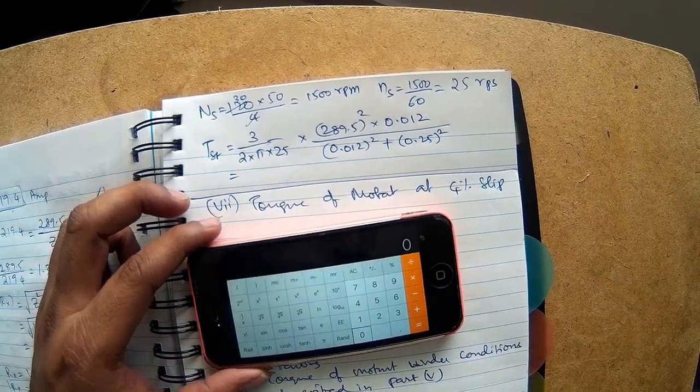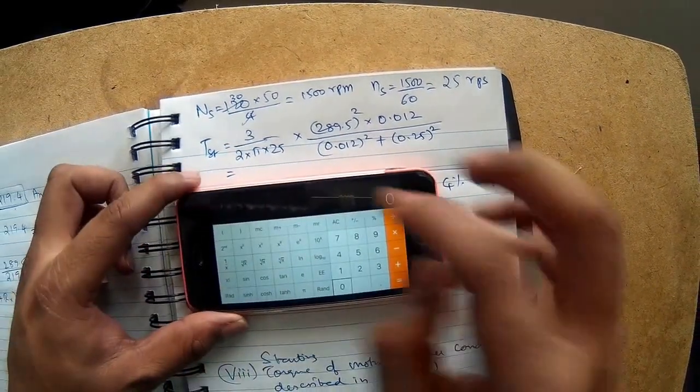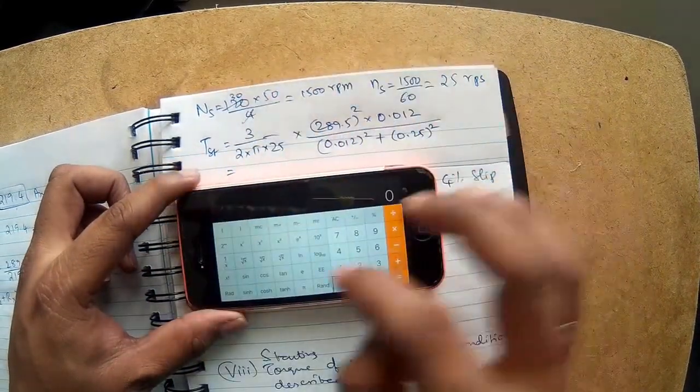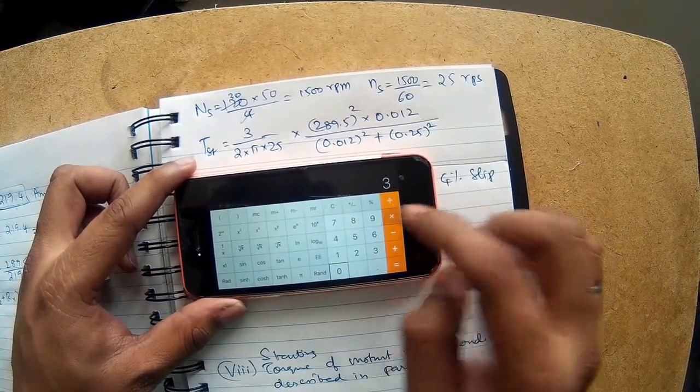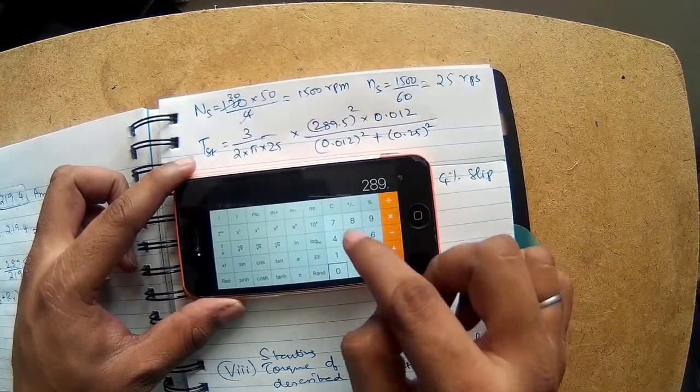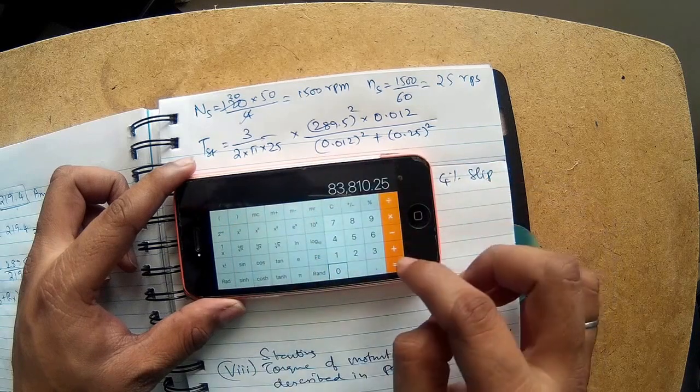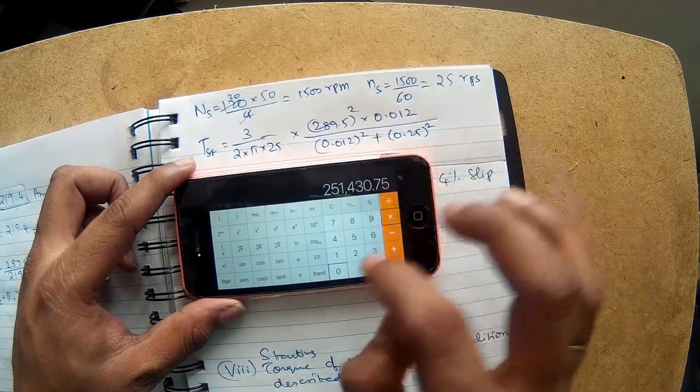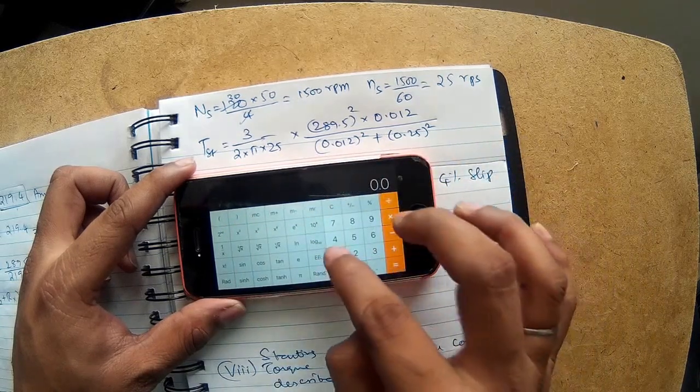So what do we have? I'll go numerator first: 3 multiplied by 289.5 square multiplied by 0.012.